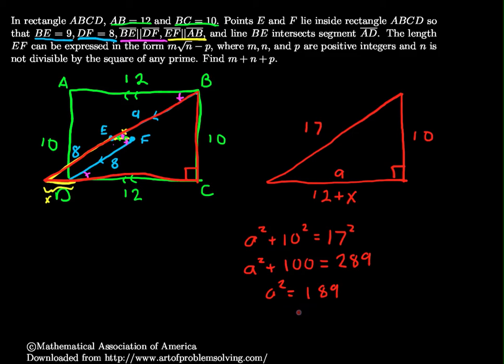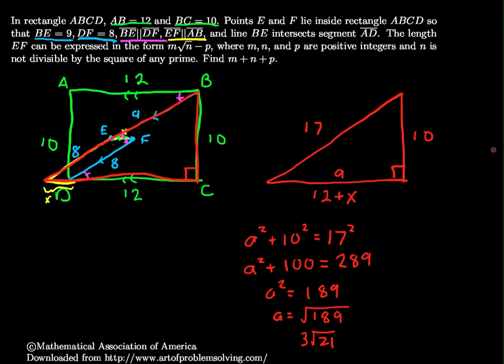Take the square root. We only care about the positive square root because we can't have a negative length. Reduce this down. That's what this not divisible by any square of any prime. So this is 9 times 21, so this is 3 root 21.